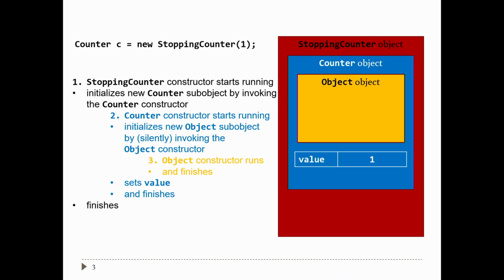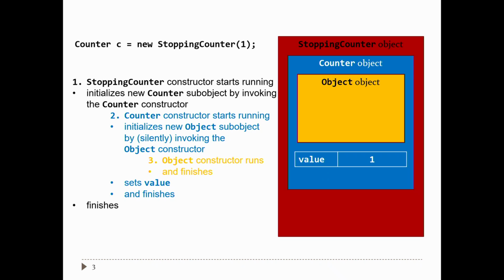The obvious question is why do you have to build the counter from the inside out? Why do I have to initialize this part first, and then the counter part, and then the stopping counter part? The answer is because the stopping counter constructor might need to do something with that field value. In this example, it doesn't, but you can come up with examples where the stopping counter wants to use that field as part of the initialization.